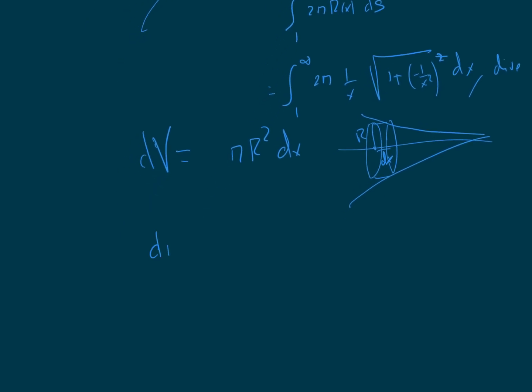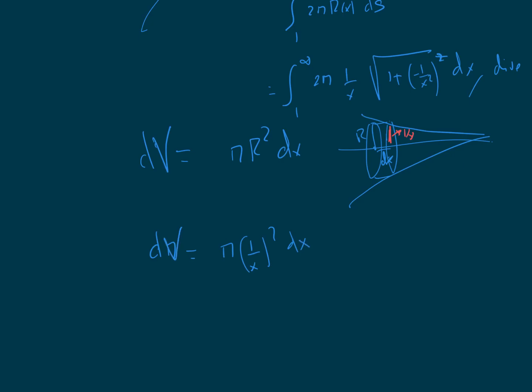So what is this sum? The small volume is pi r squared, where r is the function 1 divided by x, the value at any x of the radius. So it is pi times 1 divided by x squared times dx.